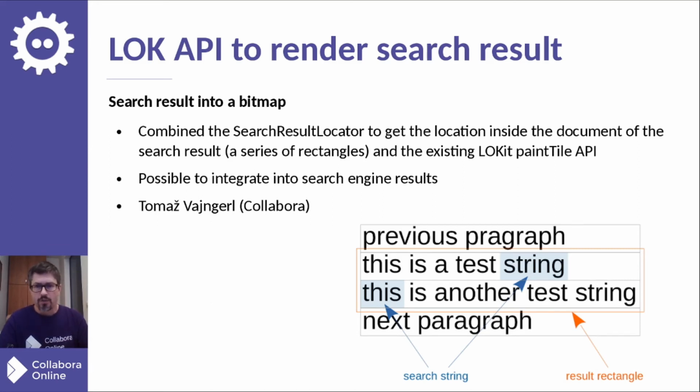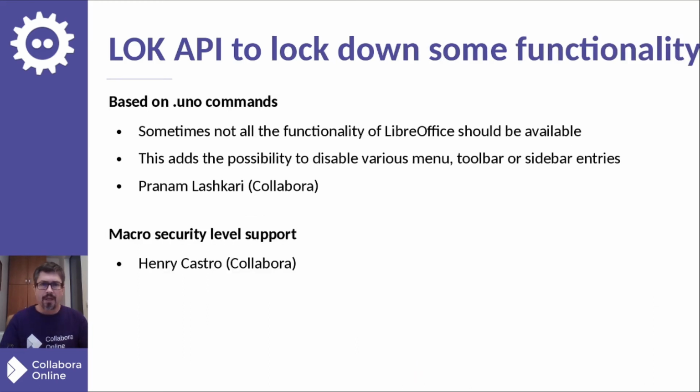So when there is some search result, you can create a preview from that and paint it using the LibreOfficeKit. Tomáš Weinergl has done this work, and you can see on the screen how the result rectangle of the search string could look, and what needs to be rendered so that you can see this.